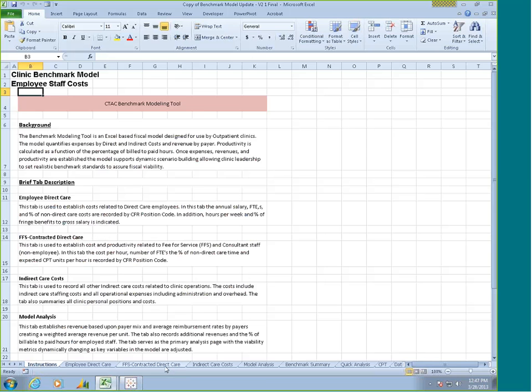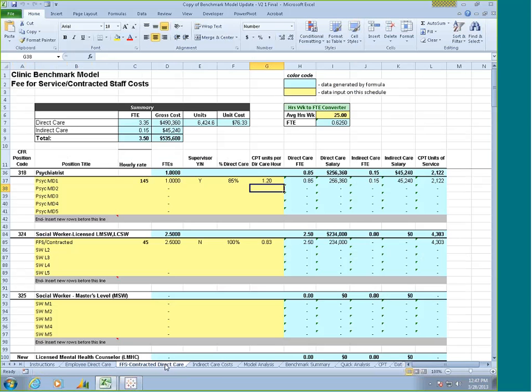Okay, so let's start with the contracted direct care, and you'll see the field is right here. It's a field that can be changed, and you put that for each individual person.